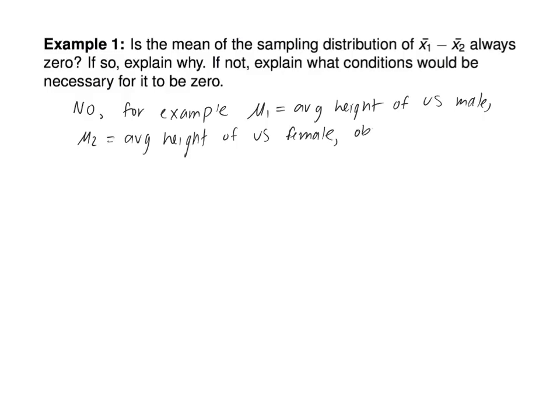And I think in that case it's obvious that mu1 minus mu2 is probably not going to be equal to 0, so that's not necessary. But mu1 minus mu2 will equal 0 if mean 1 is equal to mean 2. So if that's the case, then yes, but otherwise it doesn't necessarily have to happen.